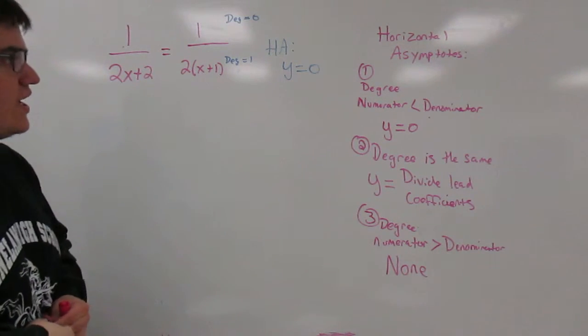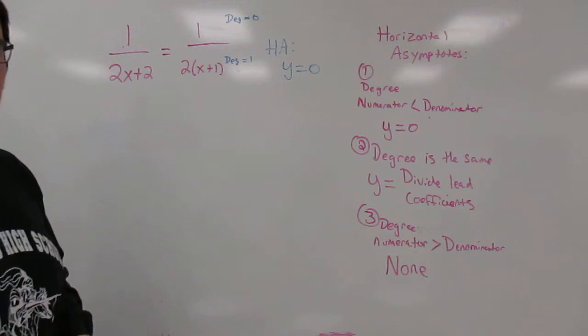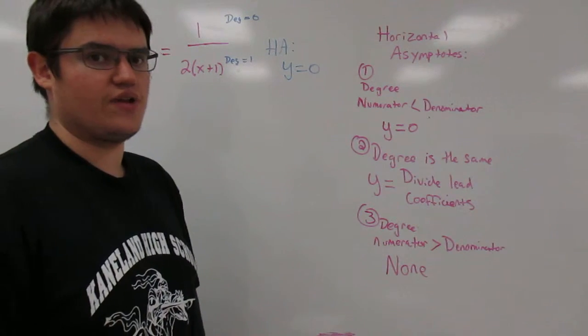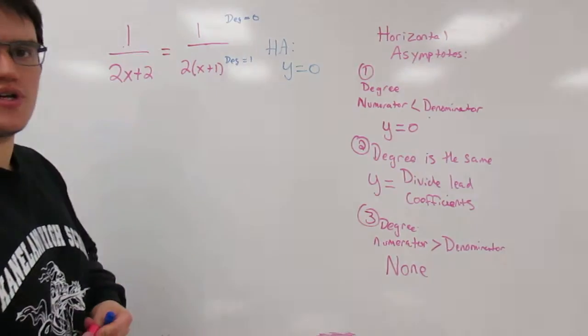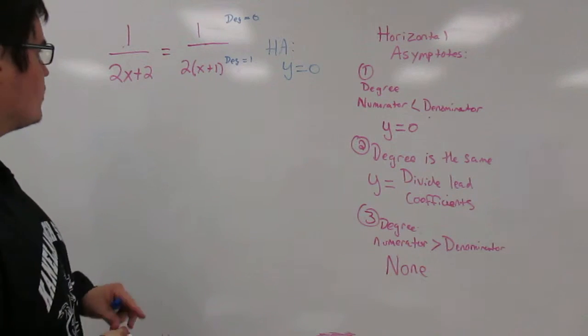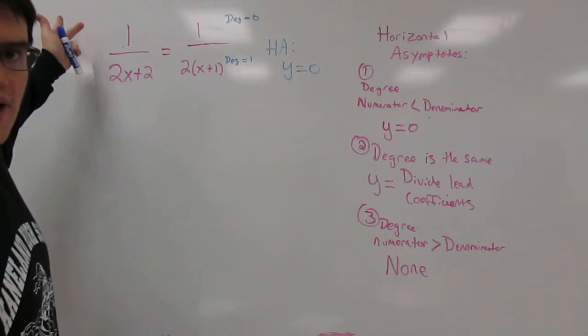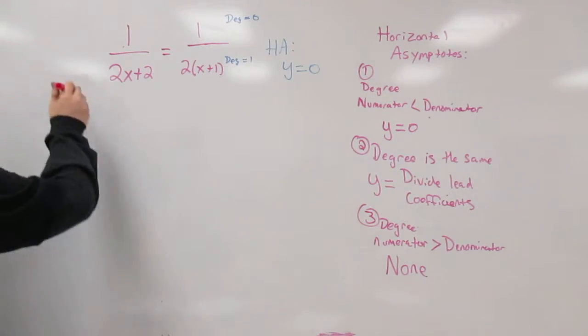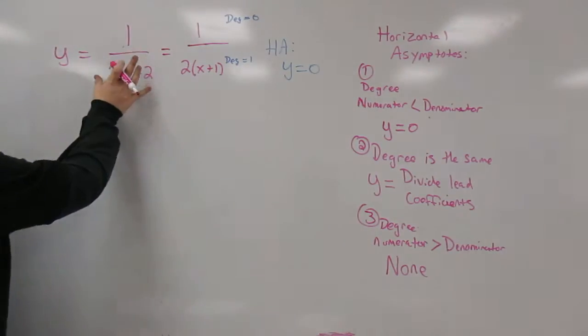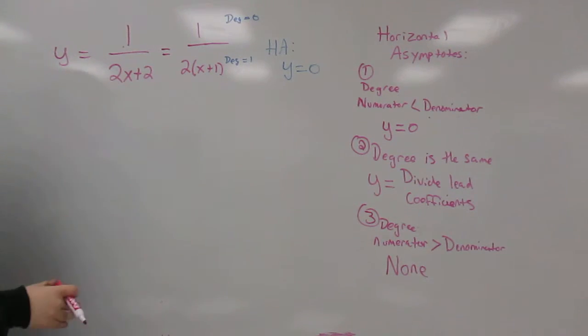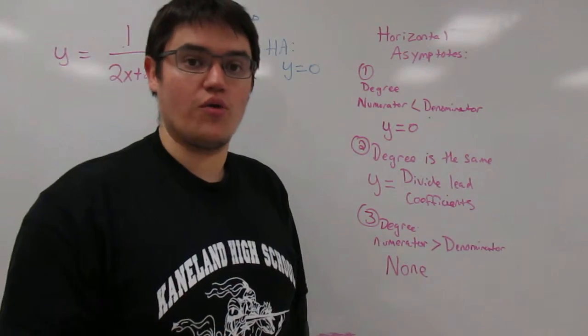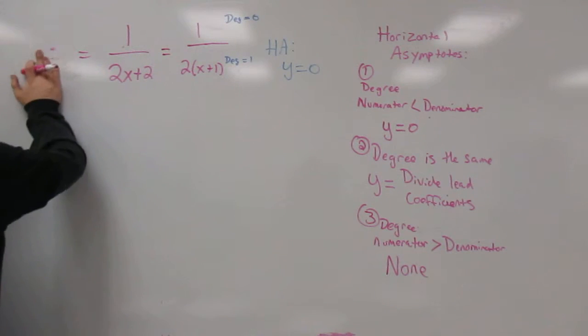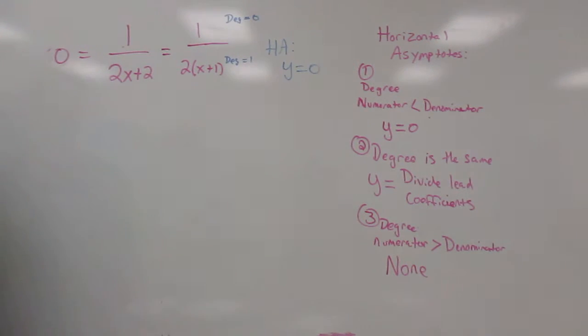Okay, now, even though it's not written on the side here, we're going to look at x-intercepts and y-intercepts as well. So for x-intercepts, remember, y equals 0. So let's just say you had y equals this here in the beginning. Well, for the x-intercept, we know that y equals 0, so we're going to replace that with 0.